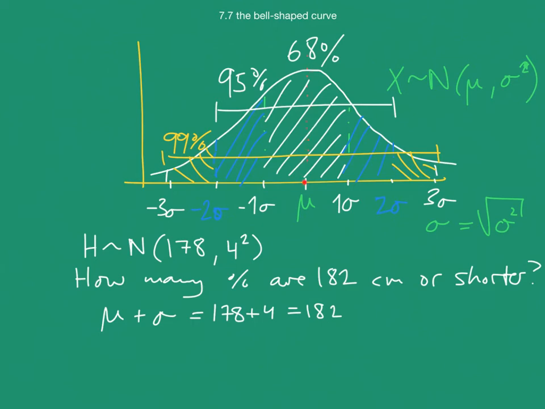And if we take 50% and add this side of the 68, we should have 50% plus 68% divided by 2. So we want half of the 68%. And that's going to be 50 plus 34 equals 84%.